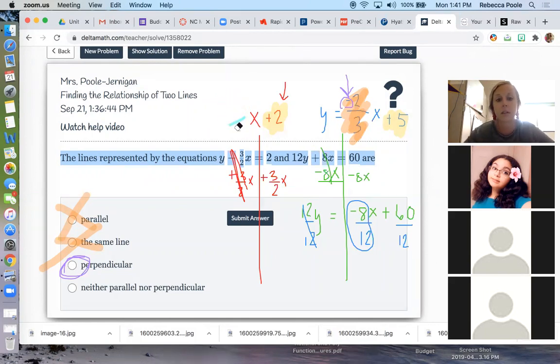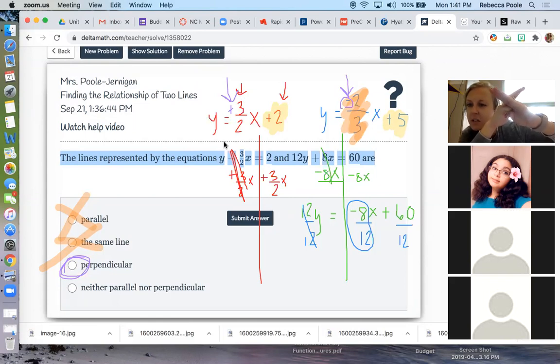Ms. Poole, I got a question. Okay. So if the bases are the same, is this still going to be perpendicular or is it neither? So if the base is the same and the slope is the same, it's the same line. If the base is the same but the slopes are still flipped like this, then it's perpendicular and they just cross at the base.